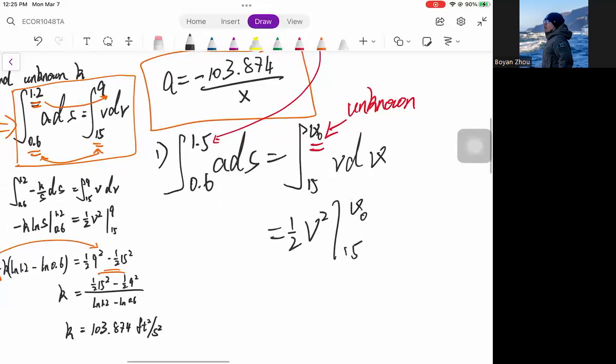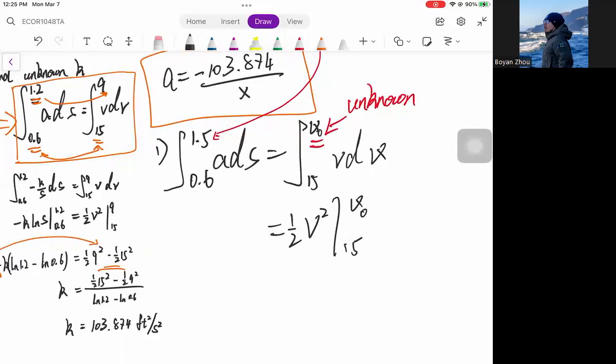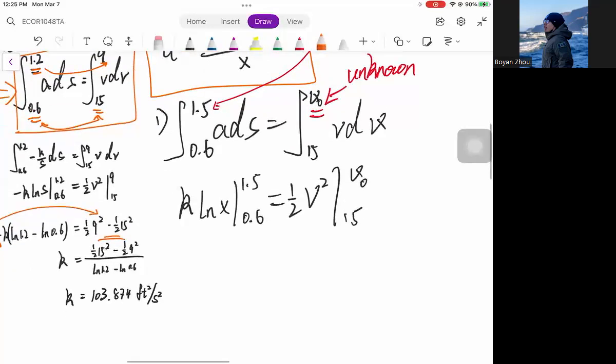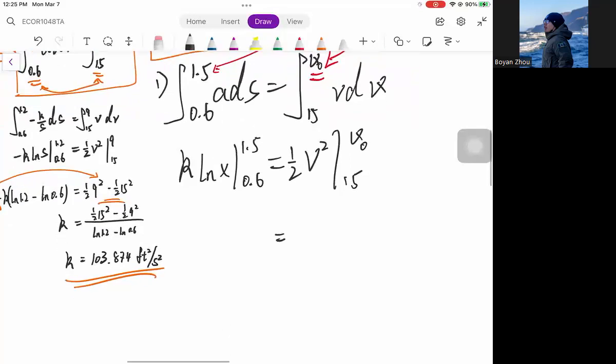And on the left hand side, it's going to be ln x evaluating from 0.6 to 1.5, times k. The k is already on here. So the next step is just using the calculator, punching in the values and getting the solution.